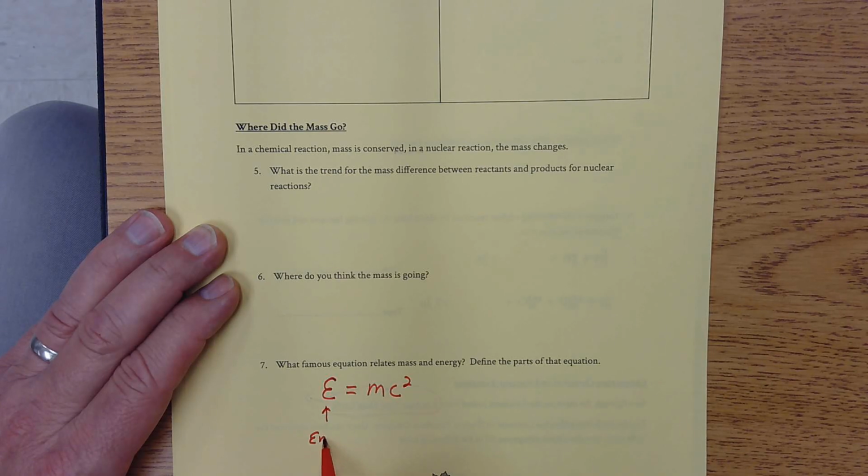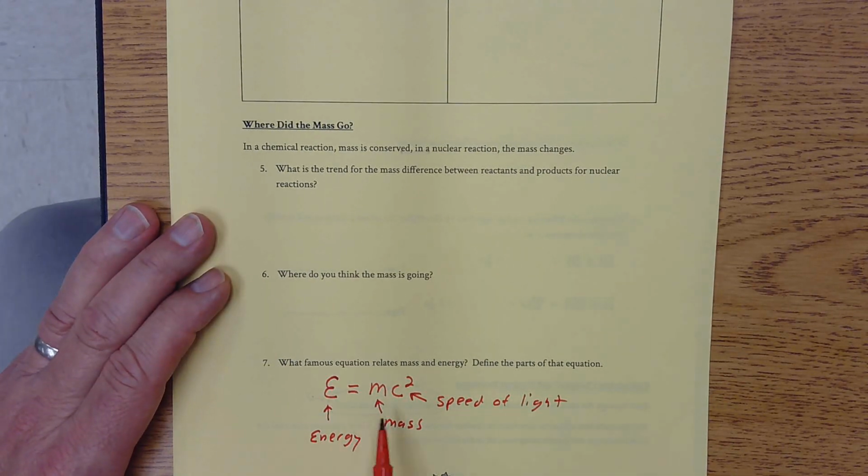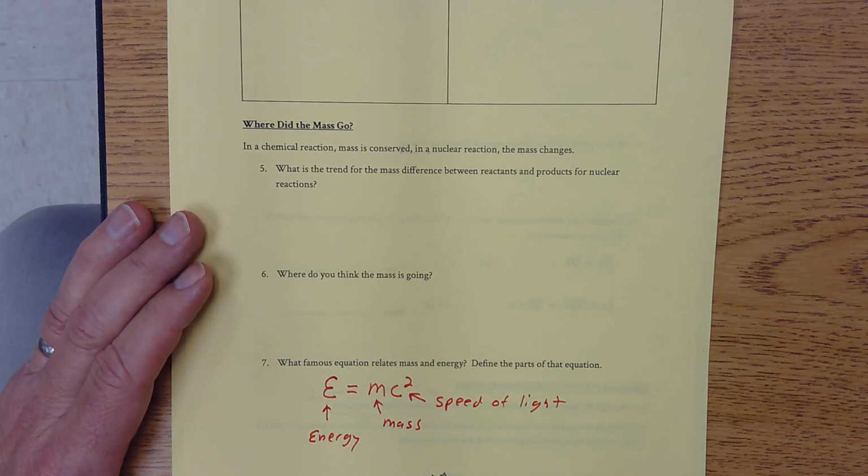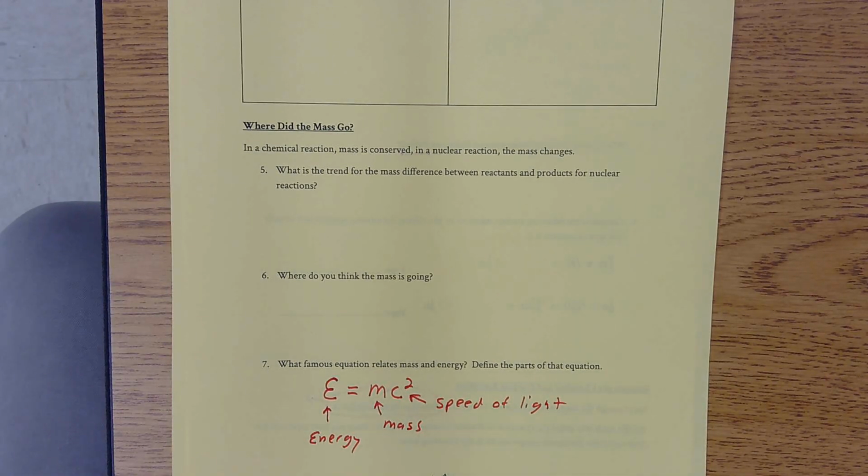This is energy, this is mass, and this is the speed of light. So there's a relationship between energy and mass and light. It's known as E equals mc squared. You probably heard of that before, and we're going to use that in our next part here.